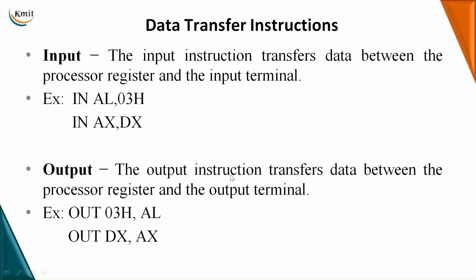The output instruction transfers the data between the processor register and the output terminal. In this case, this is a memory location and this is the output terminal, and the information is exchanged between them.